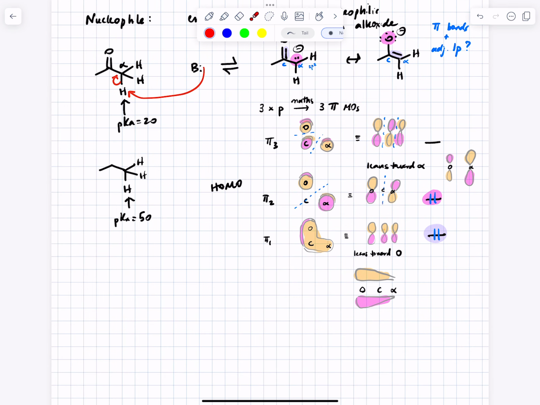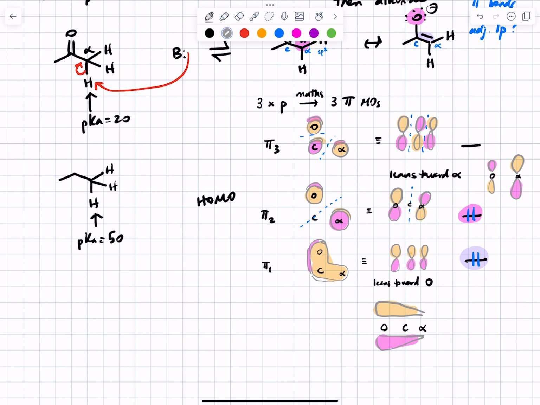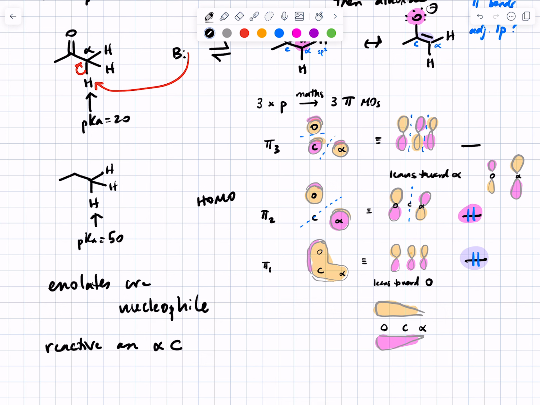Okay? But the punchline for all of this is enolates are nucleophiles, and even though the HOMO is both on the carbonyl oxygen and the alpha carbon, they are mostly reactive on the alpha carbon. Which is great because that means we can use enolates to make carbon-carbon bonds.